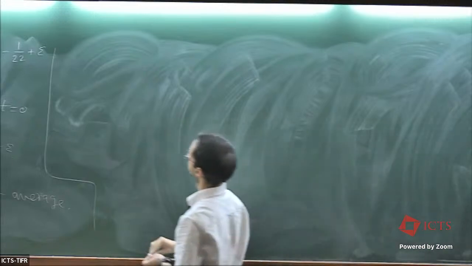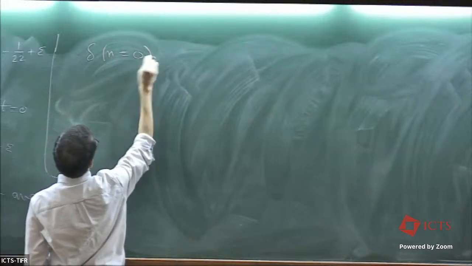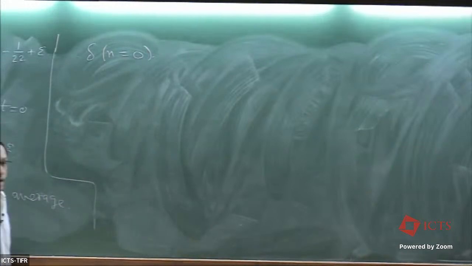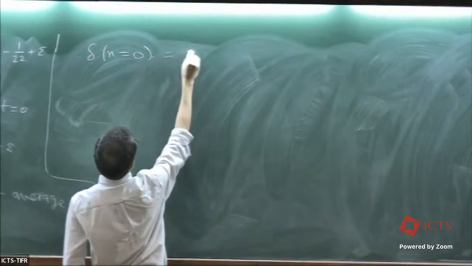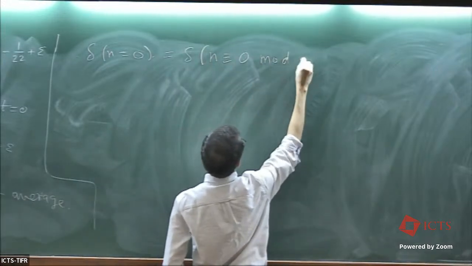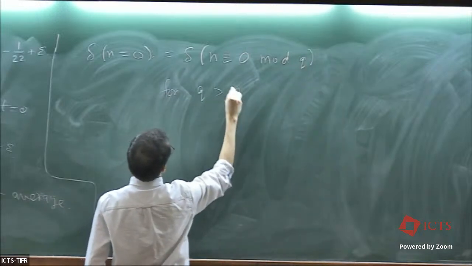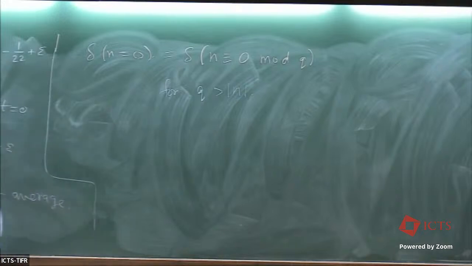Let's say you want to detect when n is equal to 0. What you can do is you can detect when n is congruent to 0 modulo q, for this parameter q, if it is strictly bigger than the absolute value of n, right?